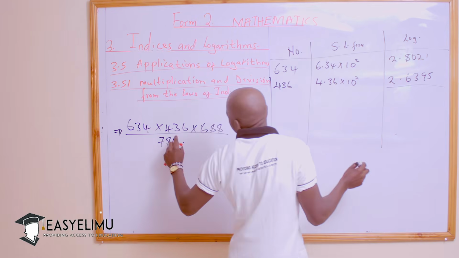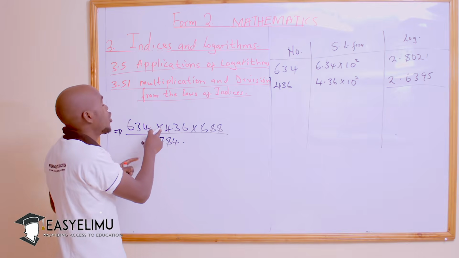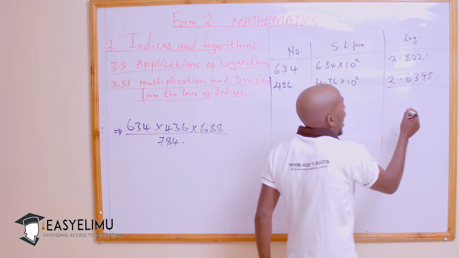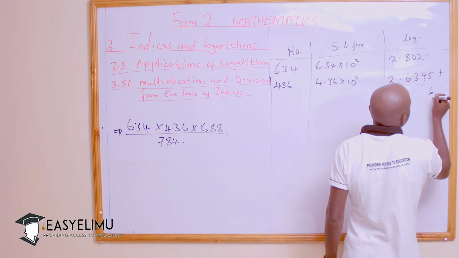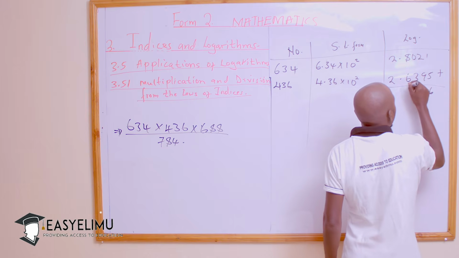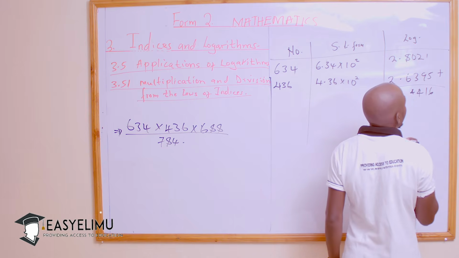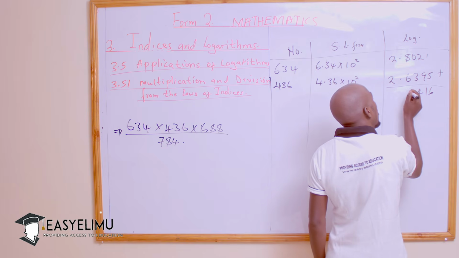So since we have multiplication here, if we find the logarithm, we are going to add. So I will add here. And if I add, I'm going to get here 6, here 11, 4, 14. So after getting 14, now will be 1.4.